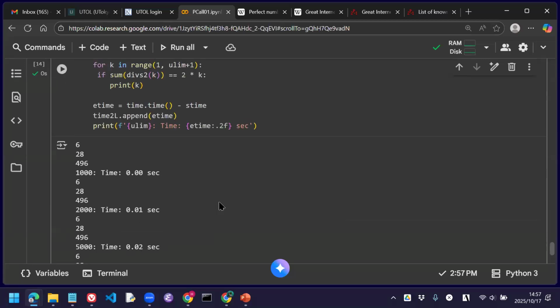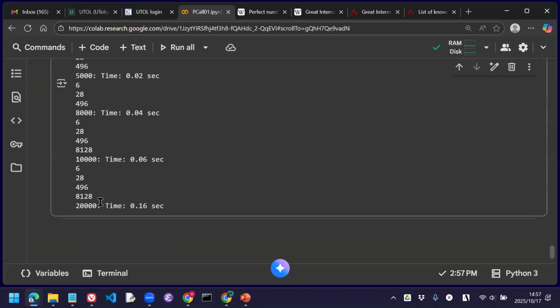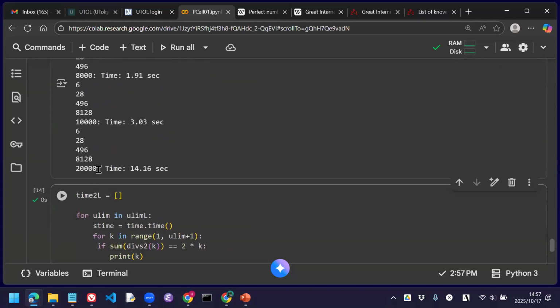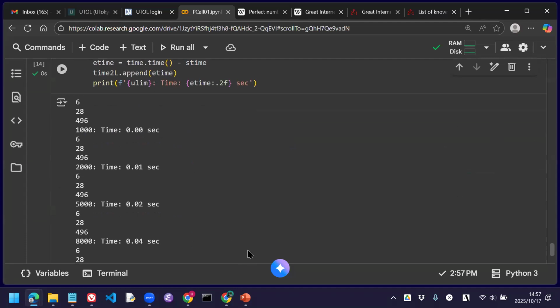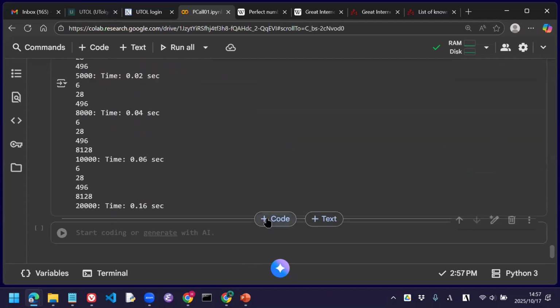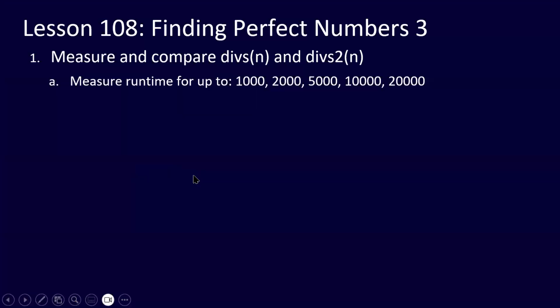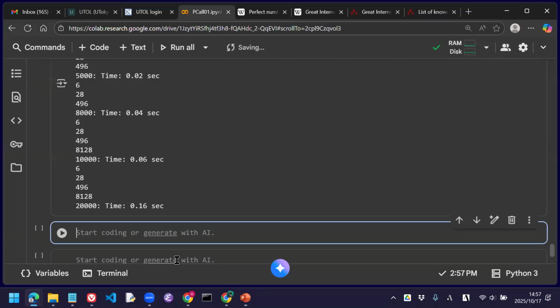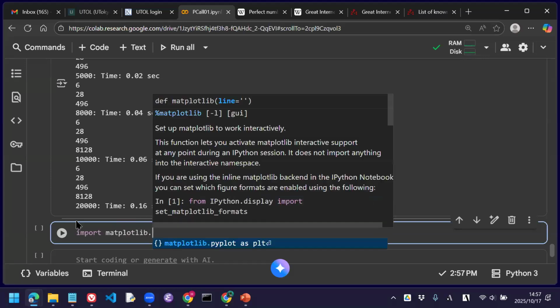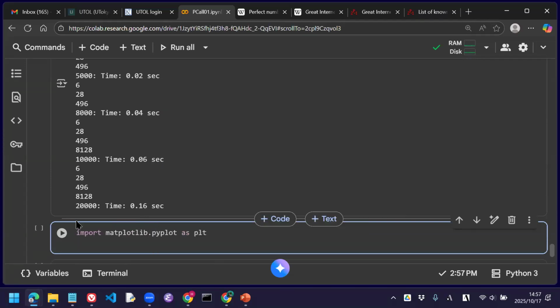Maybe we can do much longer. By the way, we checked that the answer is the same. So now we'll draw graphs to compare, plotting using matplotlib. As usual, import matplotlib.pyplot as plt.